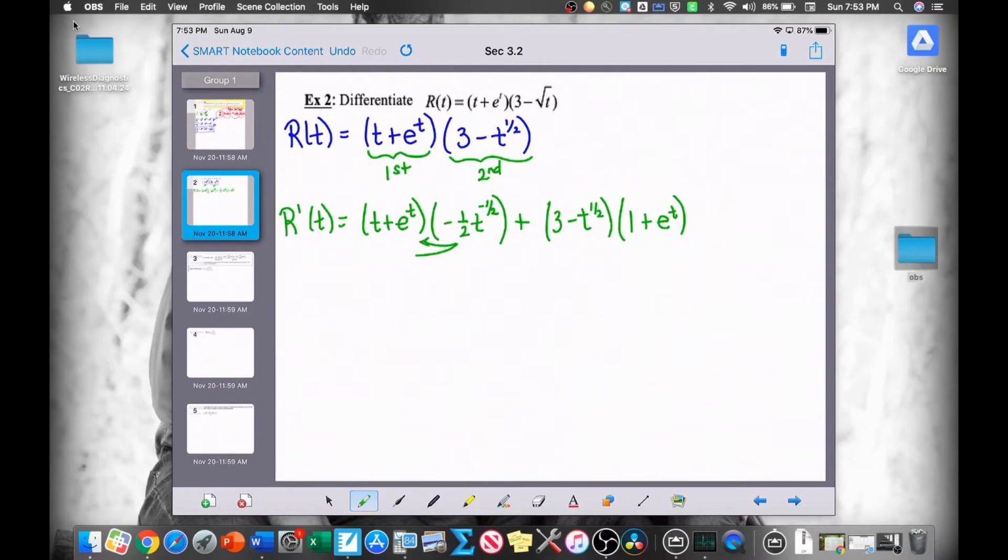Right here, this is distributive property, and right here, this is FOIL.